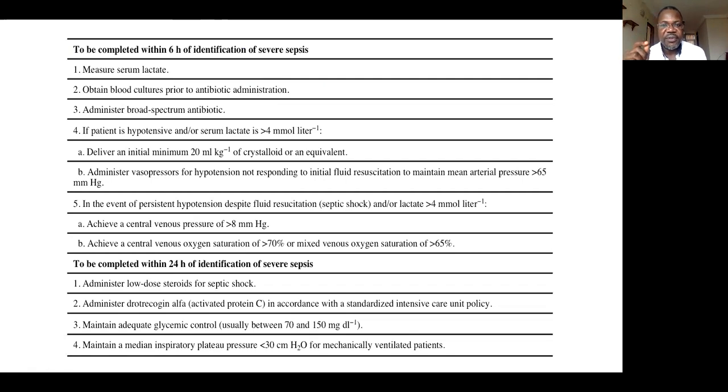Or besides the serum lactate, your patient should be on vasopressors to have their mean arterial pressure maintained at 65 and above. You obtain blood cultures prior to antibiotic administration. Then you administer empirical broad spectrum antibiotics.